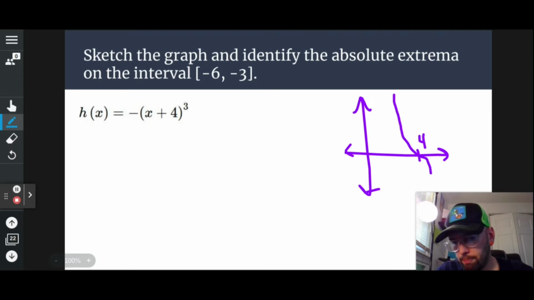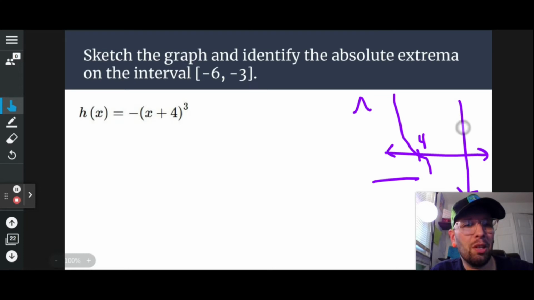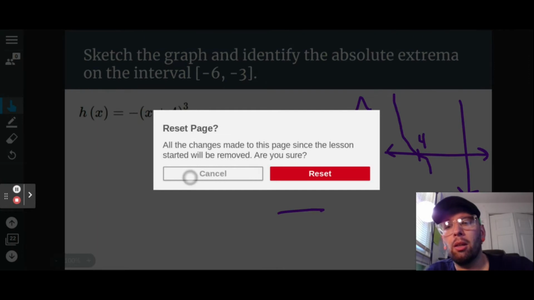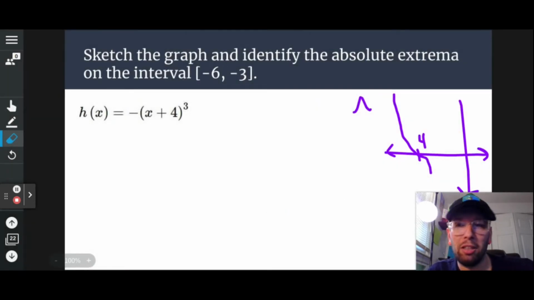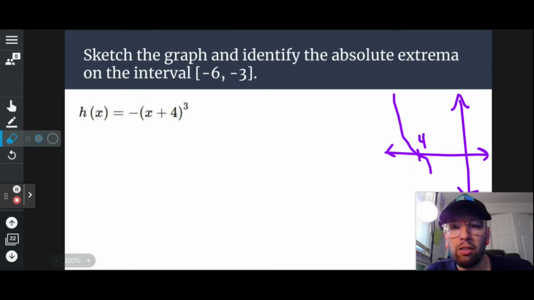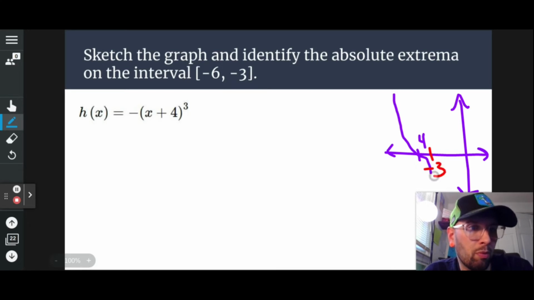How can I change it? Where there's a will, there's a way. I could have just erased everything, but I decided to be stubborn and do this instead. Now, I also have to keep in mind that I stop at negative 3, and I stop at negative 6.